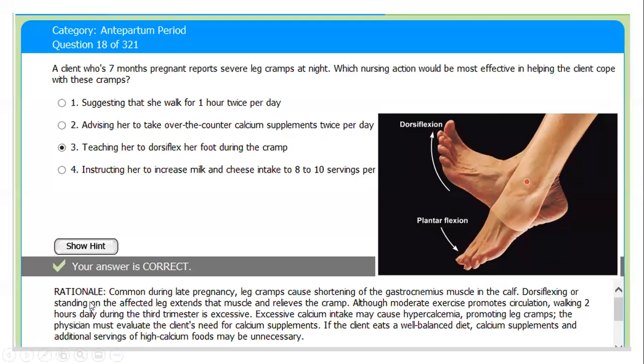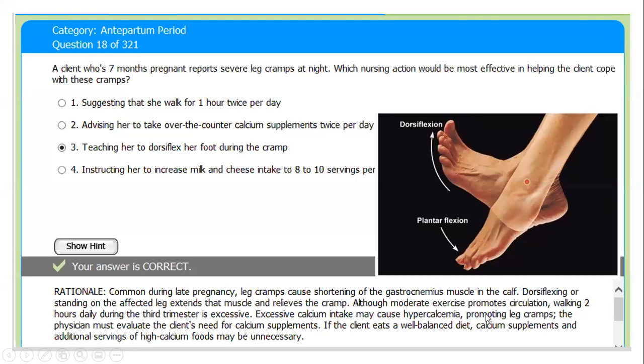What else? The rationale: common during late pregnancy, leg cramping is caused by shortening of the gastrocnemius muscle in the calf. Dorsiflexion or standing on the affected leg extends that muscle and relieves the cramping.